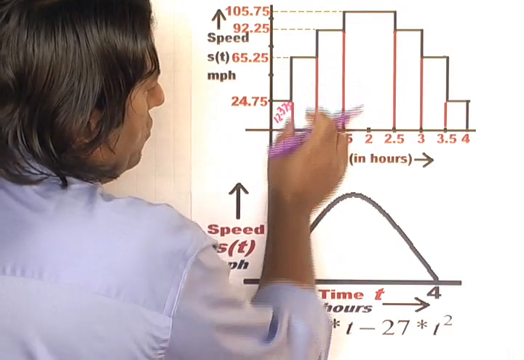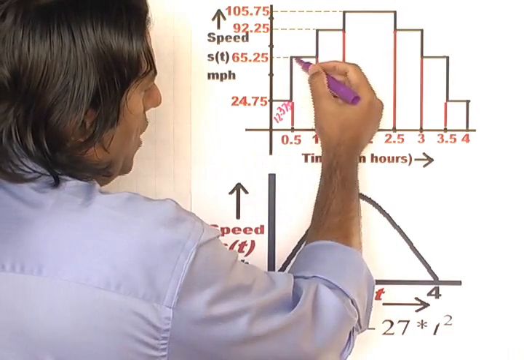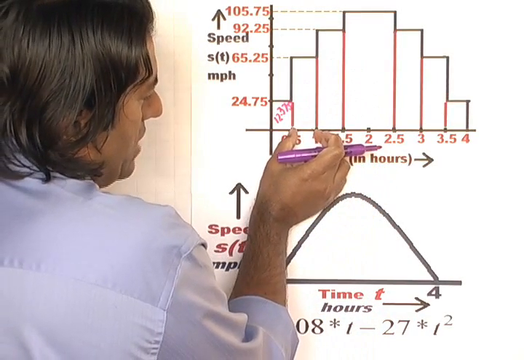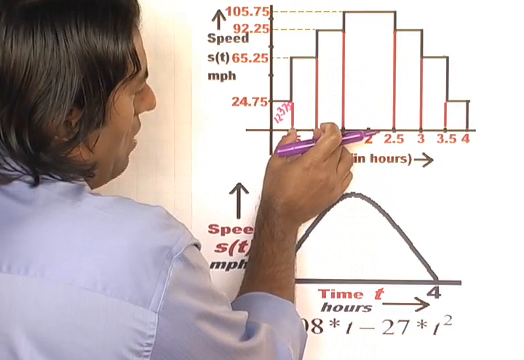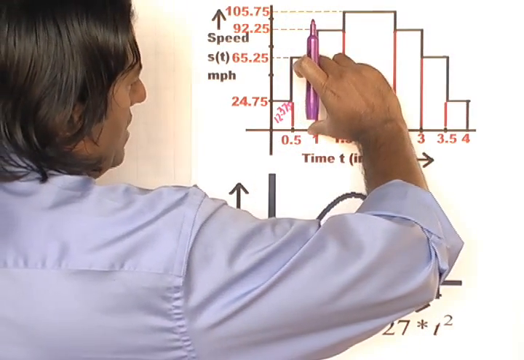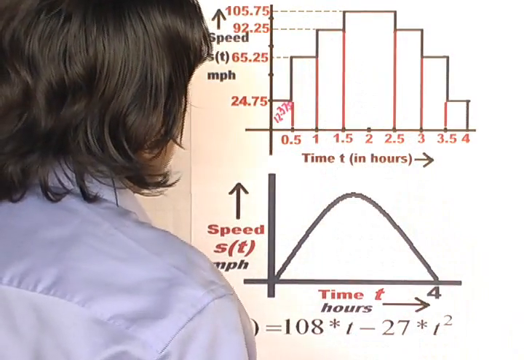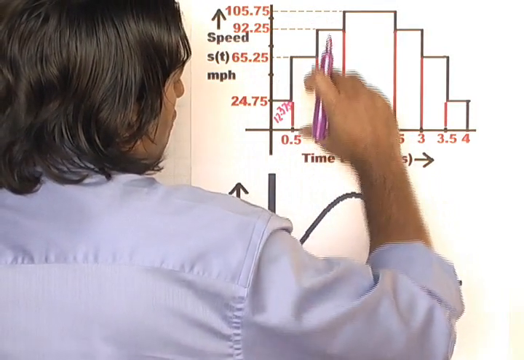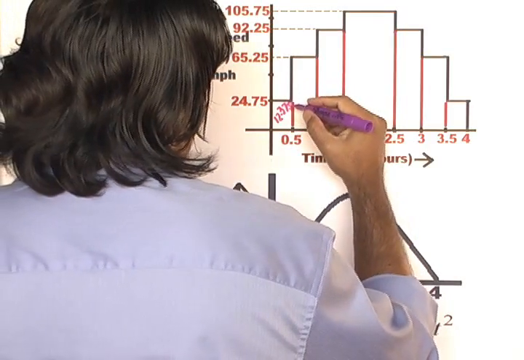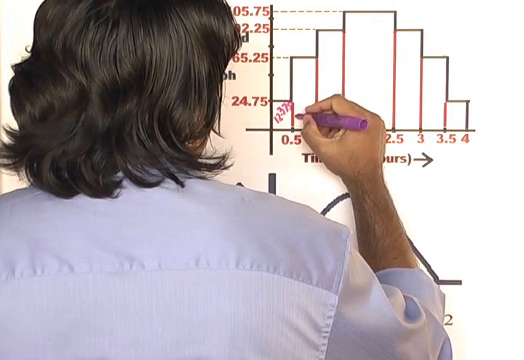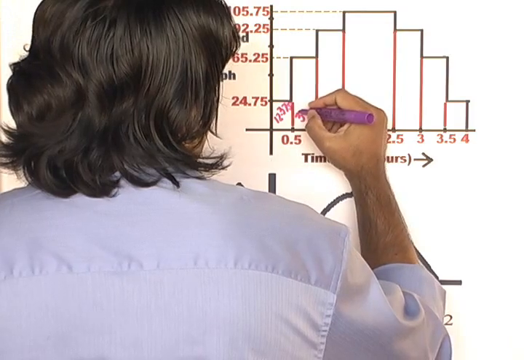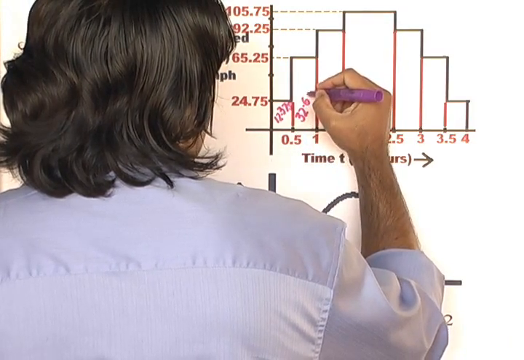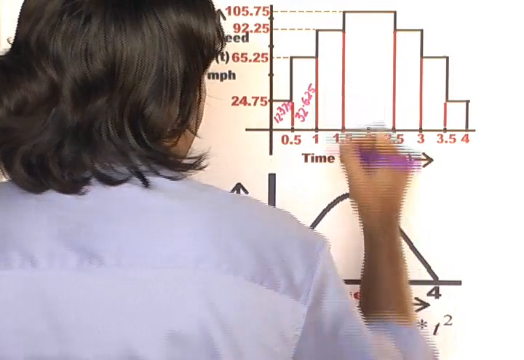Okay. The next half an hour, to get the distance you traveled, it's going to be the area of this rectangle, that is this base, half an hour, multiplied by the speed, which is 65.25. So 65.25 times half is going to be 32.625.